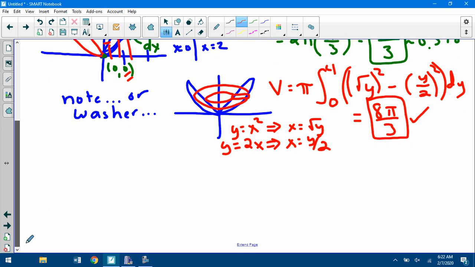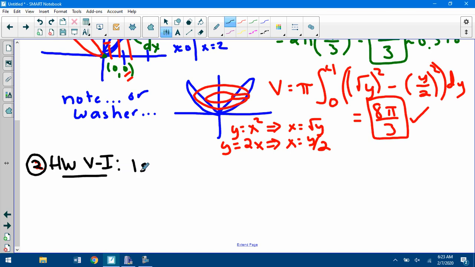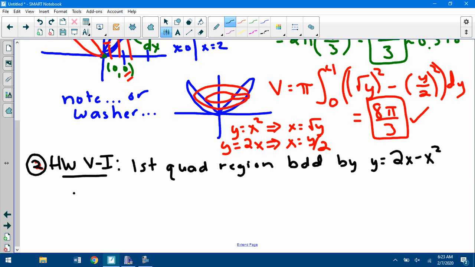And by the way, let's go back to that question. So for my last example, this is homework 6-1, that worksheet. It was the first quadrant region bounded by y equals 2x minus x squared and the x-axis, revolved about the y-axis.